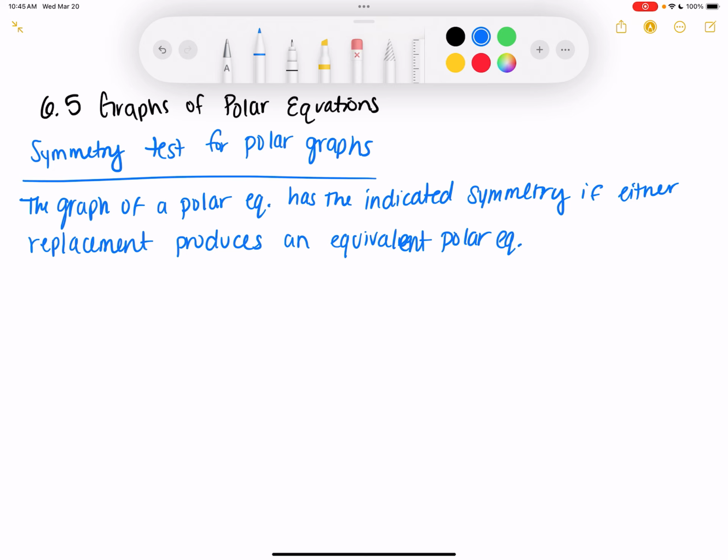So I'm going to have 3 columns here. To test for symmetry, what we're replacing, which is all going to be the same, and then by what.